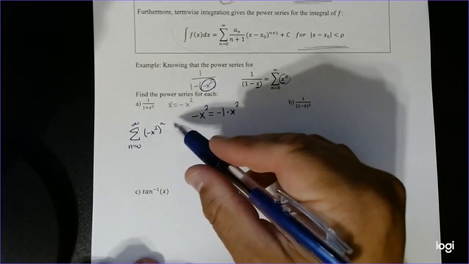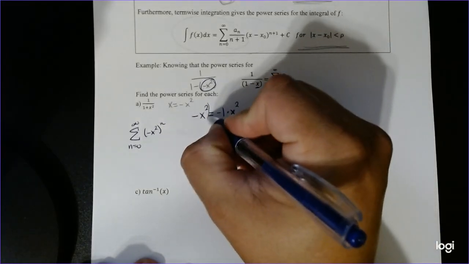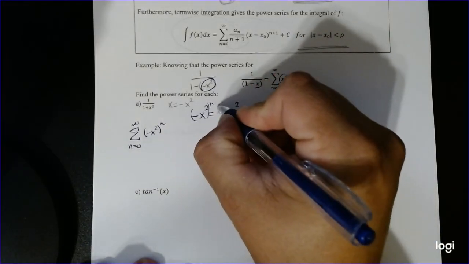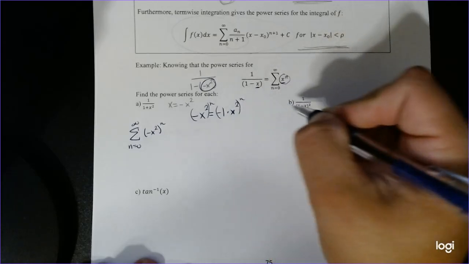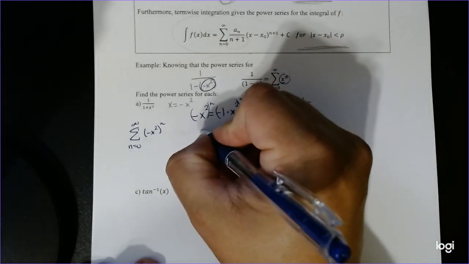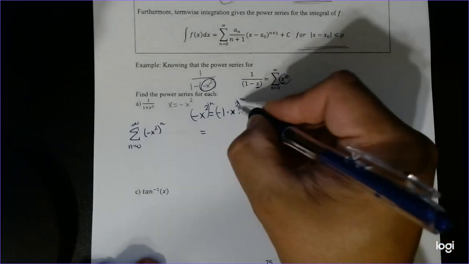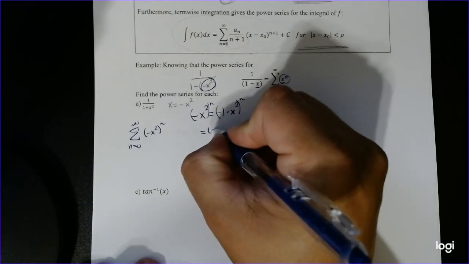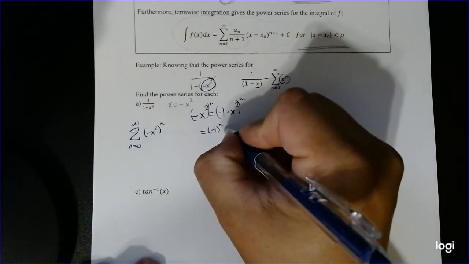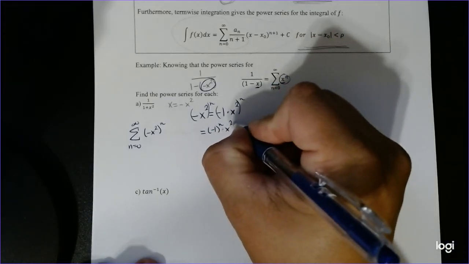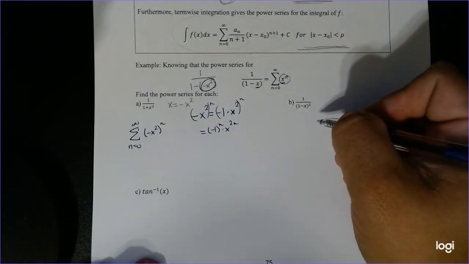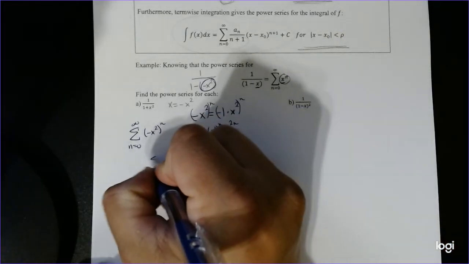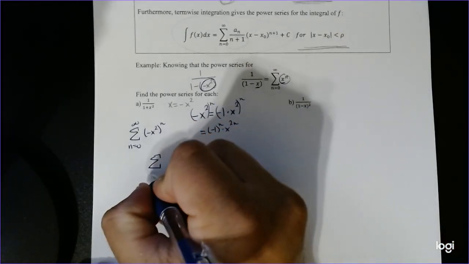But if I want to simplify this a little bit more, I'm just going to raise this to the nth power. And according to our rules of exponents, it's just the distributive property, I get negative 1 to the n times x raised to the 2n power. So really, our power series simplifies to this.